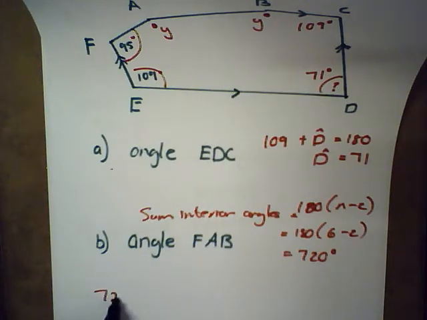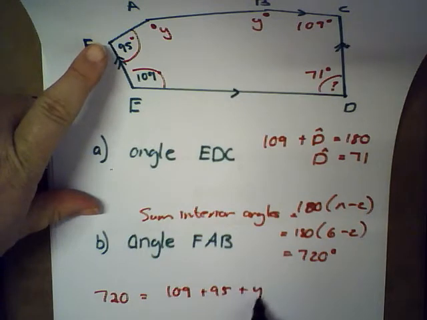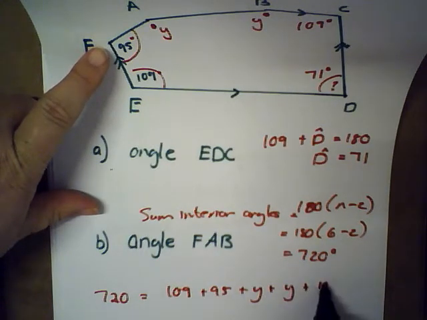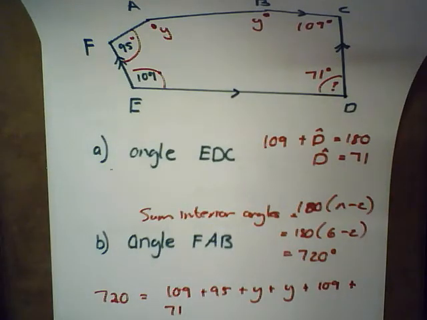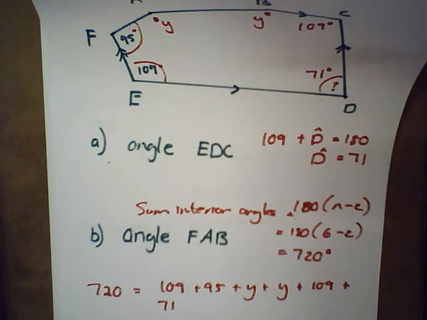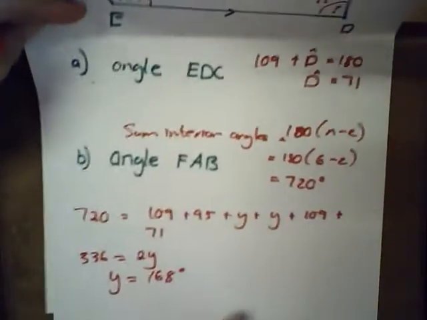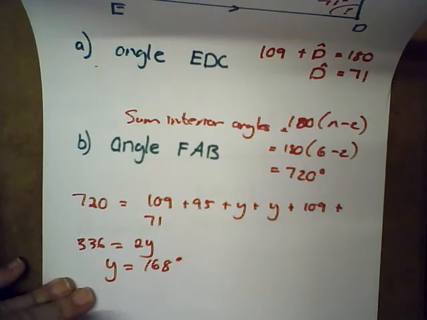So 720 equals 109 plus 95 plus y plus 109 plus 71. Then I will get 2y here. If I simplify that, it gives me 336. Divide by 2 on both sides, so 168 degrees. Sorry about that. There you go. It just moved off the screen while I was happily going along.